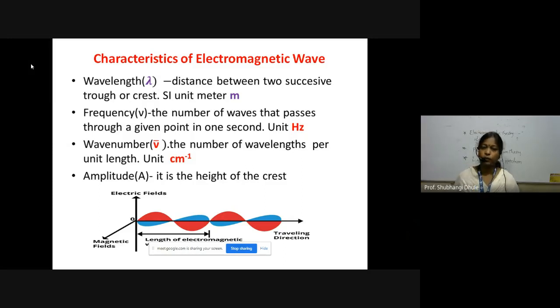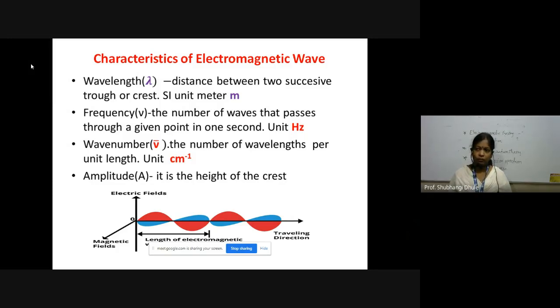Other types of electromagnetic radiation cannot be sensed by the human eye, so they are there, but we cannot see them. These radiations are of different types: radio waves, UV waves, then the visible spectrum or visible light, then X-rays and gamma rays.